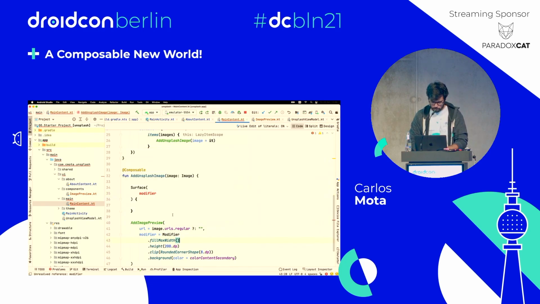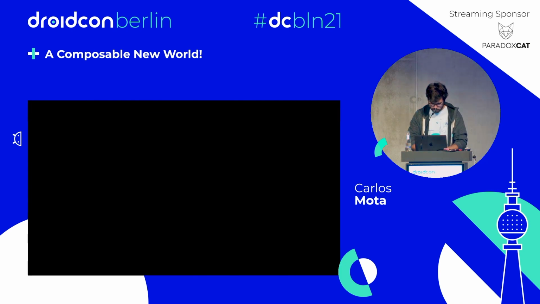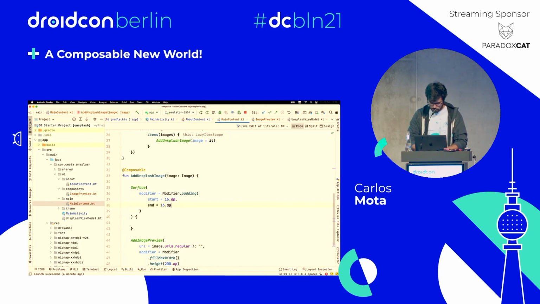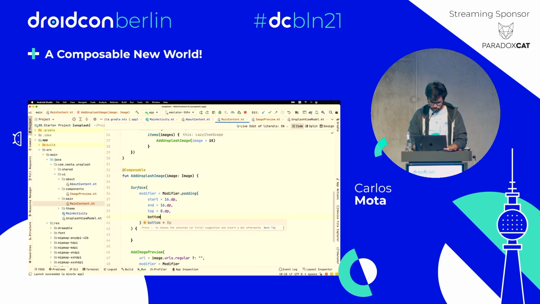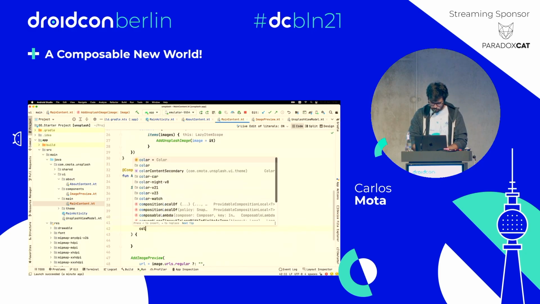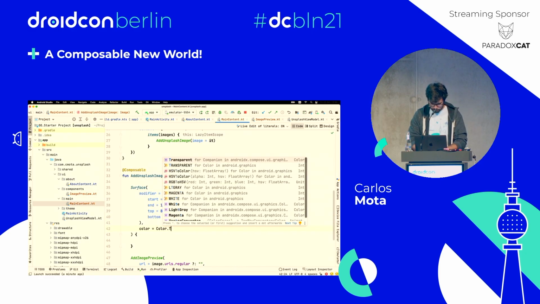So modifier.padding, and I'm going to add start 16 dps, and end 16 dps, top equals 16. Top needs to be 8 dps, otherwise it's going to sum with the bottom for the next image. And once again, since this might have a defined color, I'm going to use color transparent.